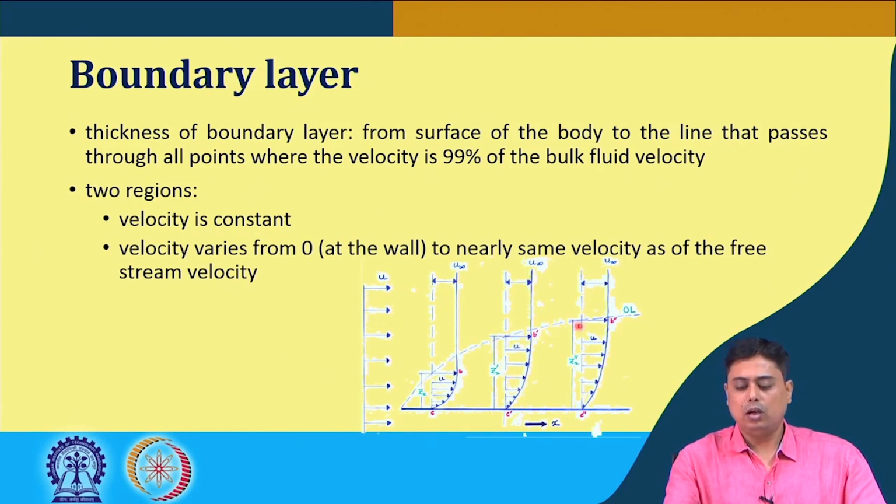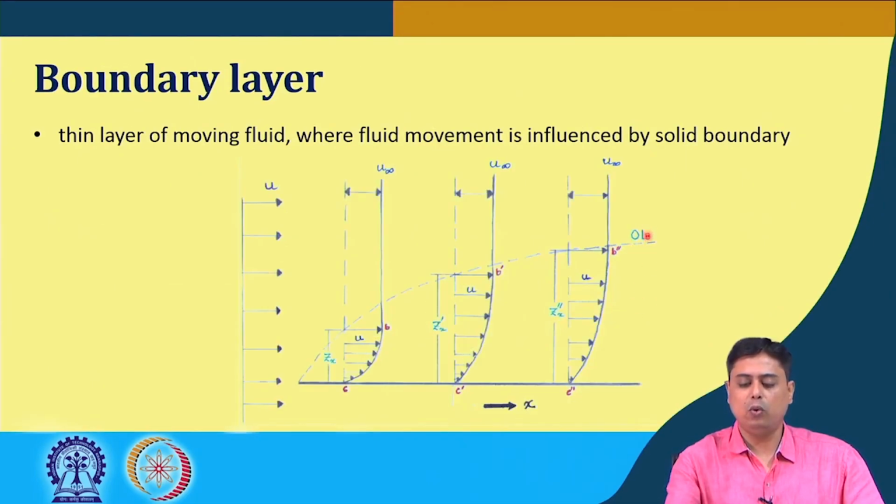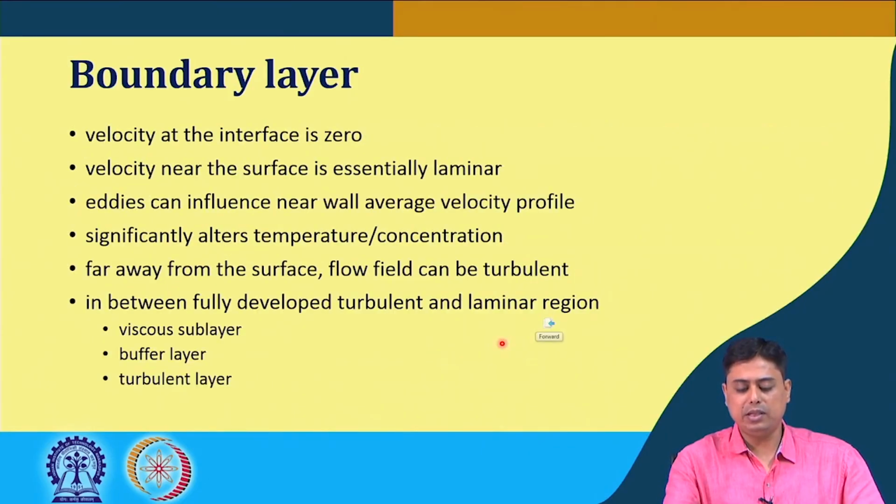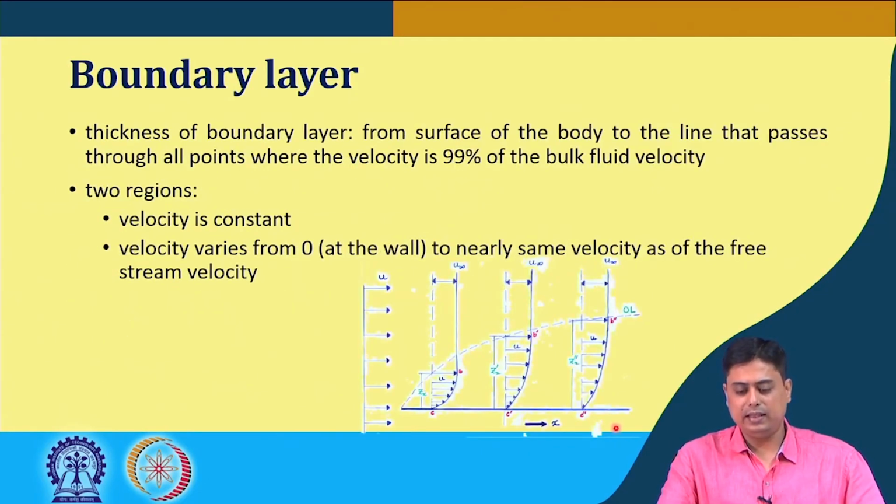Okay. So, when we connect these imaginary points and get this imaginary line which is designated by delta, here in this picture we can see it is in a better view. So, when that happens, this imaginary line, we say that this is the boundary layer thickness at a certain distance from the leading edge of the solid flat plate.